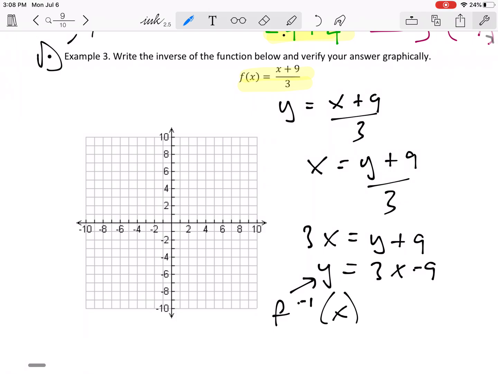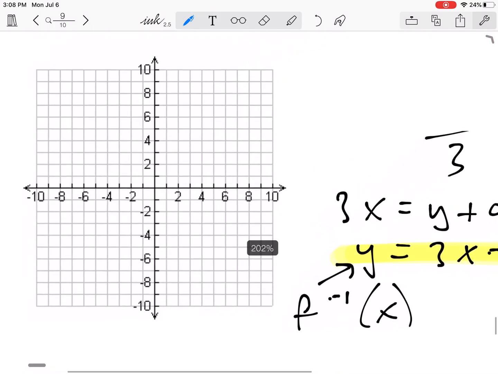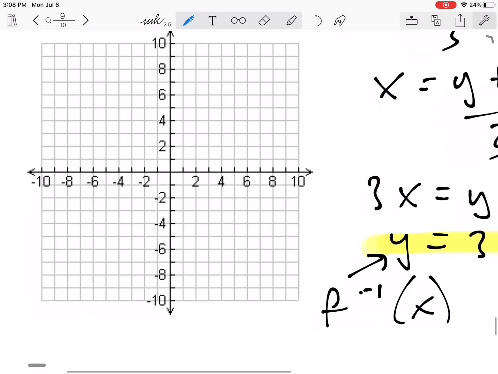Okay, so now what we can do is graph this. What you should remember here is this is just a linear graph, 3x minus 9. So that just means that minus 9 is your y-intercept, and your slope is 3.